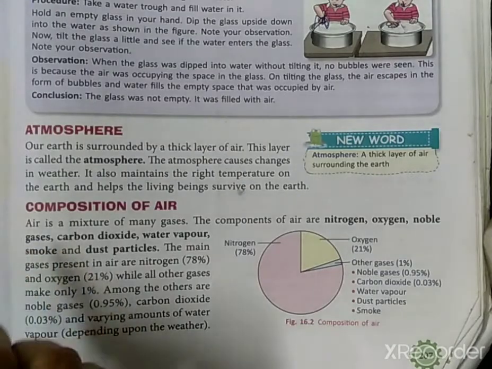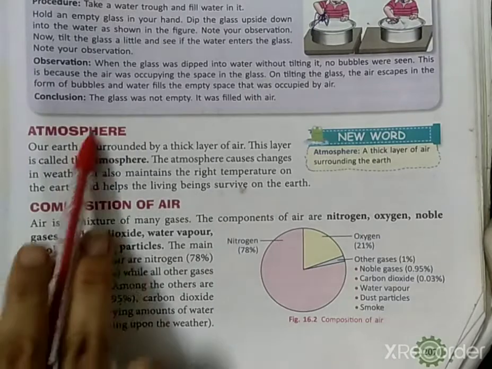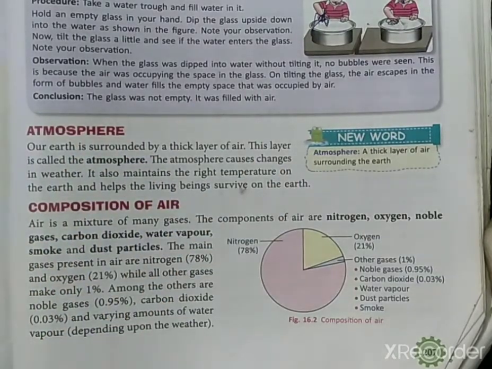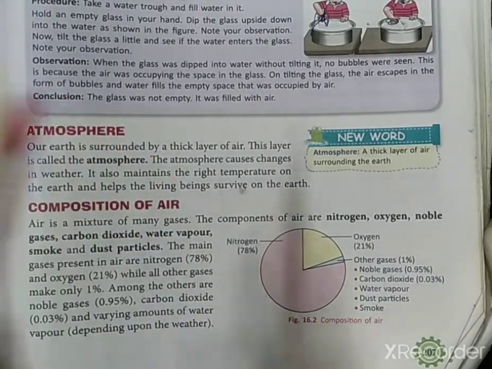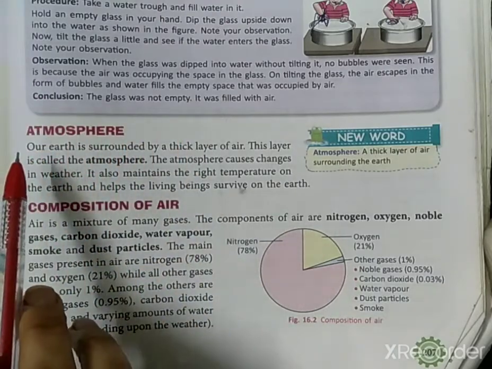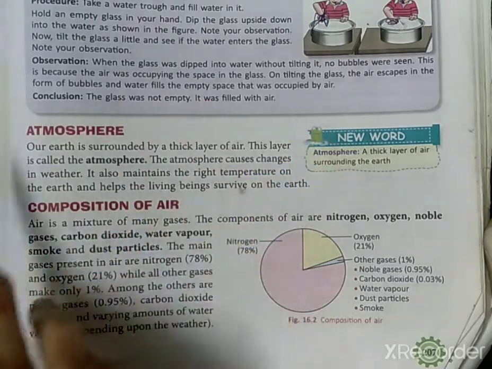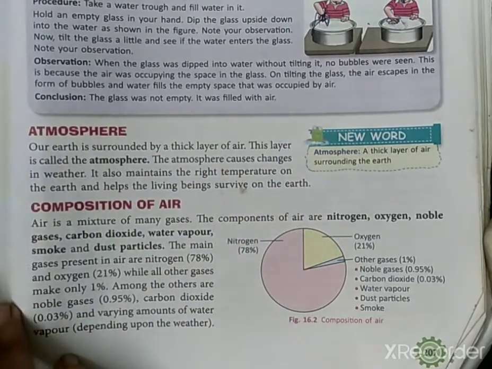Our next topic is atmosphere. Students, the atmosphere is basically a layer of gases around the earth. You can also say the atmosphere is a thick layer of air surrounding the earth's surface.